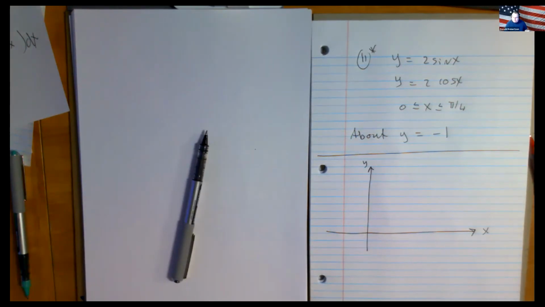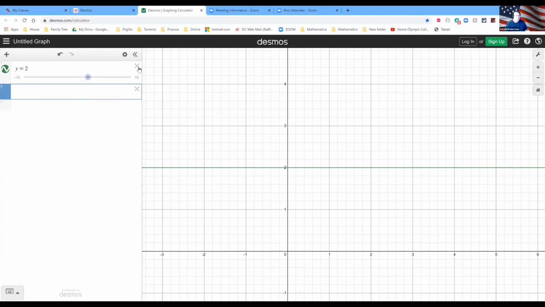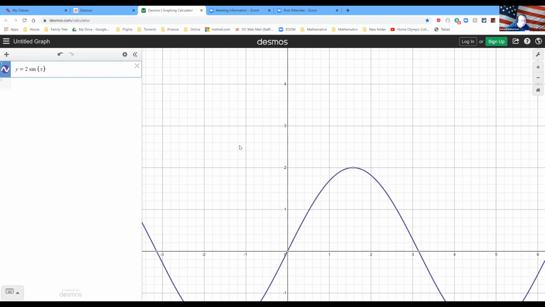So I'm going to just pause for a second, and we're going to look at Desmos again, because there's a lot happening this time. So let's get rid of those ones, and we'll type in y equals 2 times the sine of x. There you go.